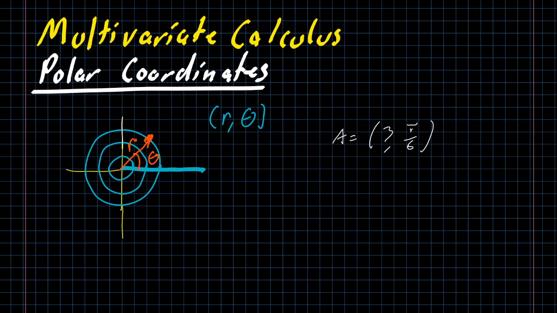But I know that the right angle is pi over 2. So if I take that right angle and I divide it into 3 equal regions, then I've got pi over 6, 2 pi over 6, which is pi over 3, and 3 pi over 6, which is pi over 2. And 3 pi over 6 is going to be the point on the third of the concentric circles, right, like that.